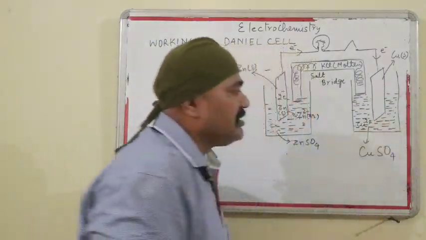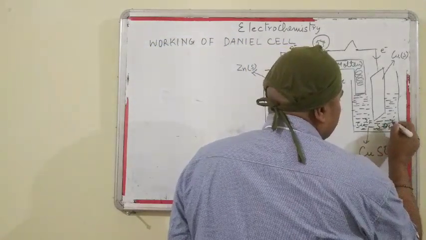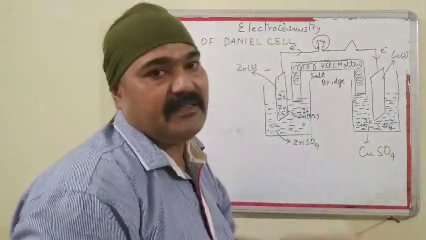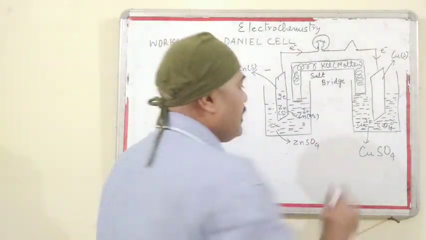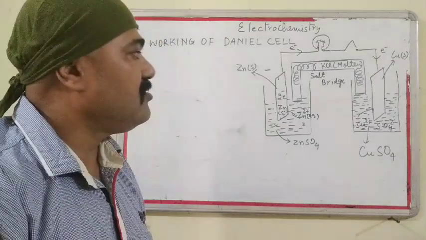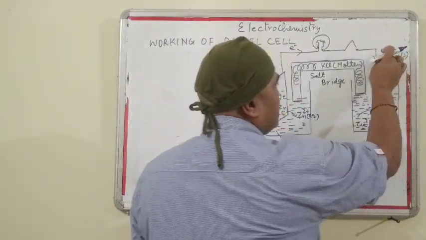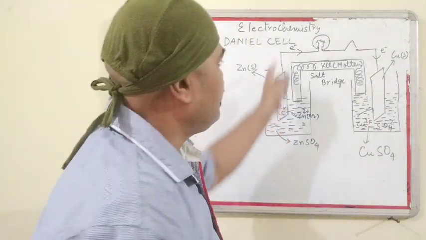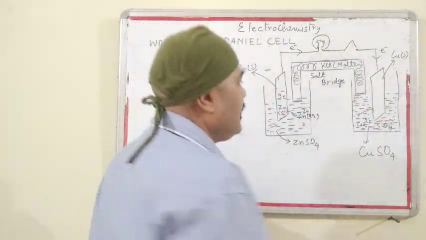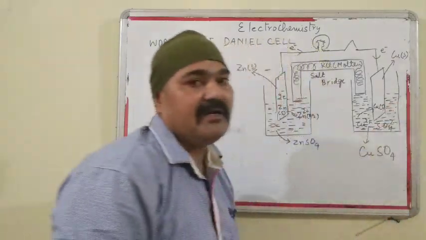In the copper sulfate solution, there are copper ions and sulfate ions. Copper ions migrate to this copper electrode, take up the electrons flowing from here, and deposit in the form of copper metal.